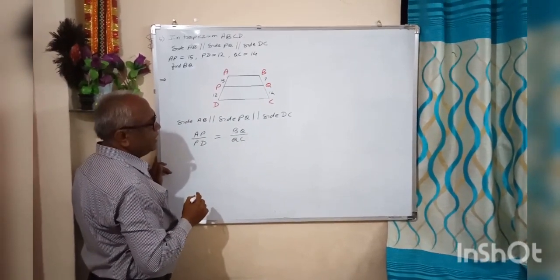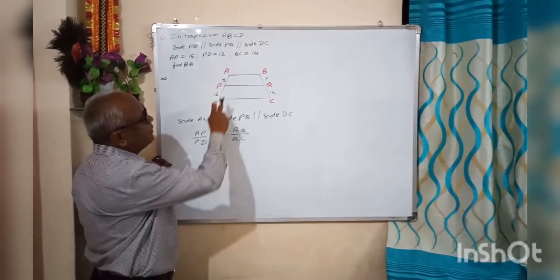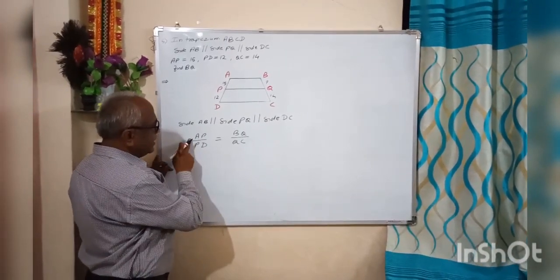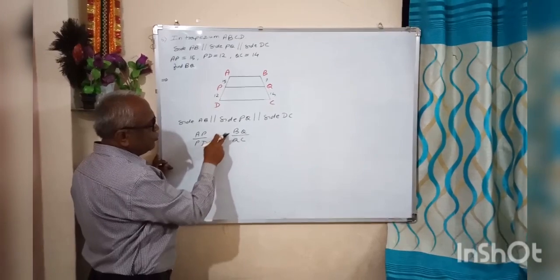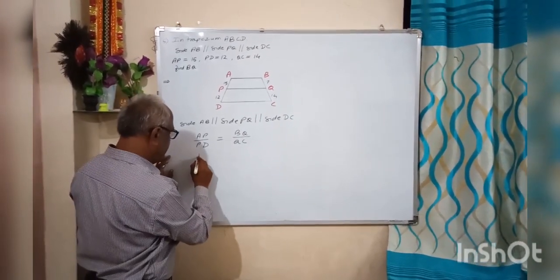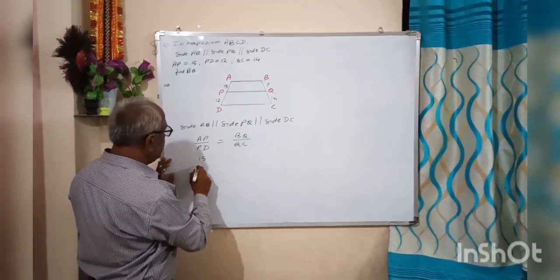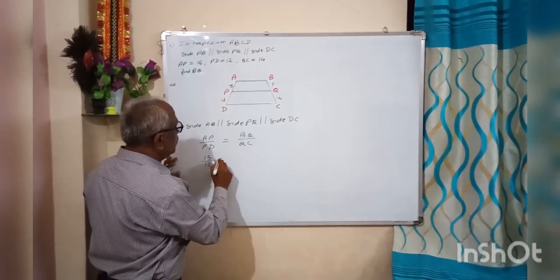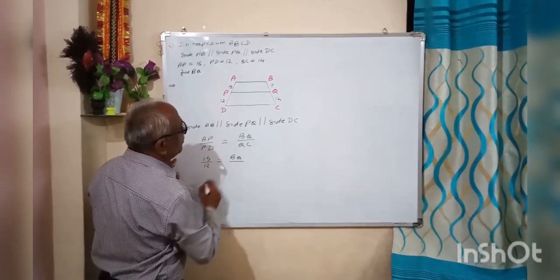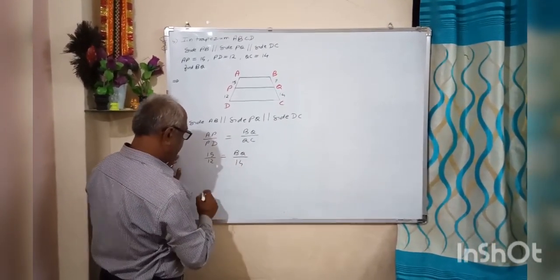Therefore, by the property of three parallel lines and their transversal, we get AP upon PD is equal to BQ upon QC.